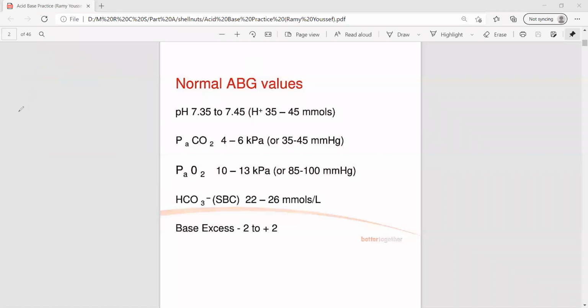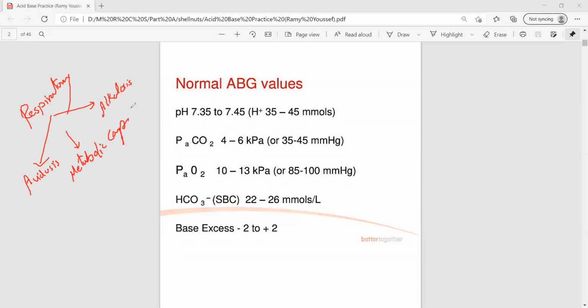On the reverse, if I have a respiratory problem, whether respiratory alkalosis or respiratory acidosis, the metabolic compensation takes from 24 to 48 hours to compensate.